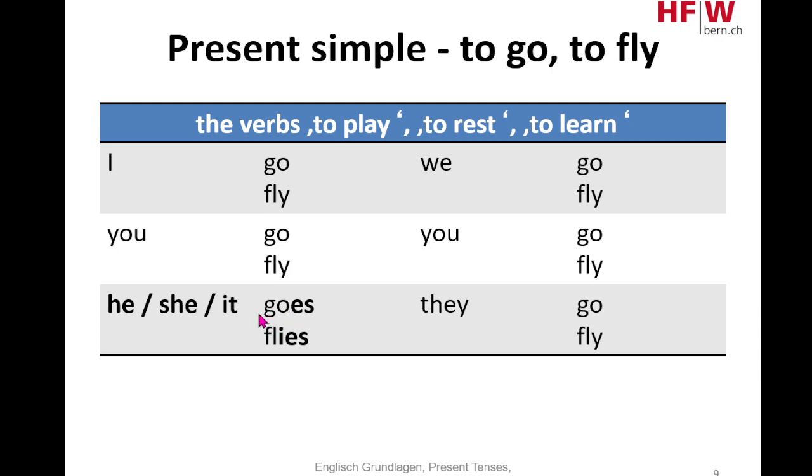We do not take just the simple verb; we need to add es when we use he, she, it. One more, fly. He, she, it: with a consonant plus y, we need to change y to ies. You see, we change y to ies. Flies, because it is the rule of grammar.